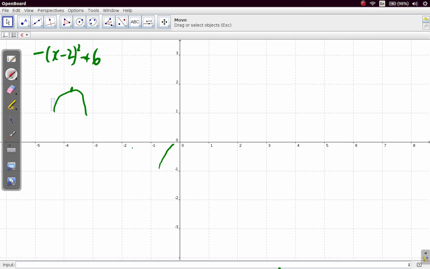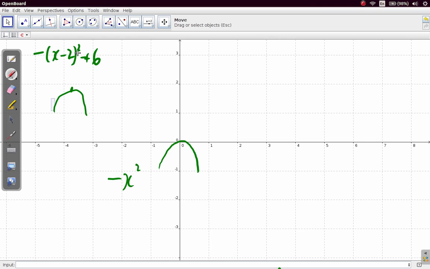Alright, this is a graph of negative x squared.